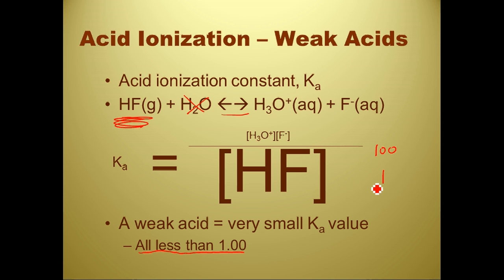Well, a lot of people like to pick 1 because it's the smaller number, but the question was, which is the weak acid? This statement here says it all. They have to have a value less than 1. So neither of these is a weak acid. In order to be a weak acid, you've got to be less than 1. So maybe this is a weak acid. Okay, I'd pick that one.